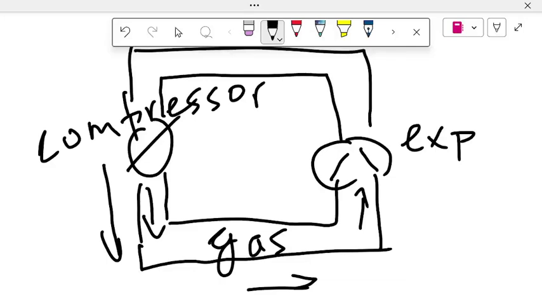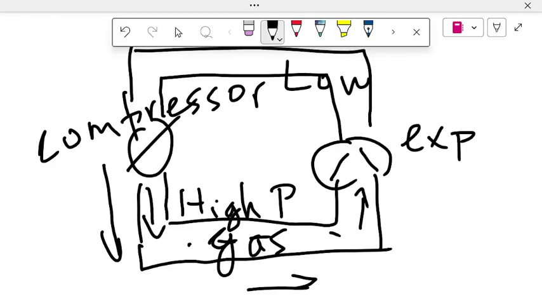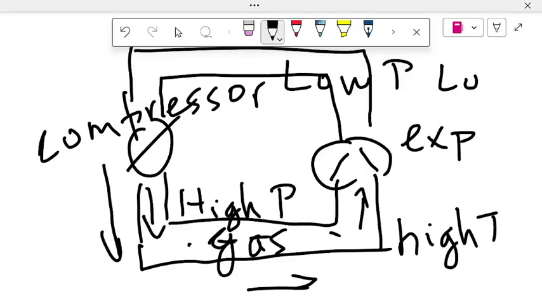So, as you see, we have here high pressure, and here we have low pressure. That means here we have high temperature, and here we have low temperature.